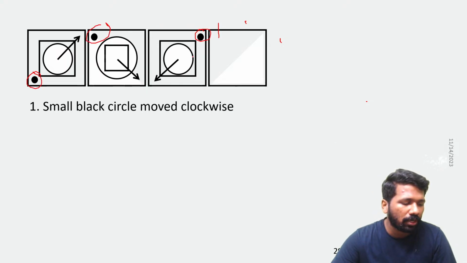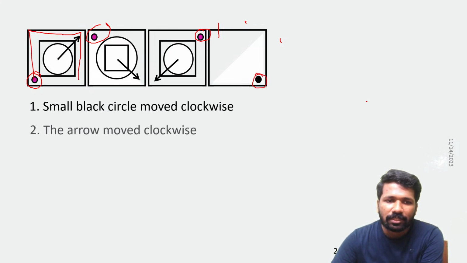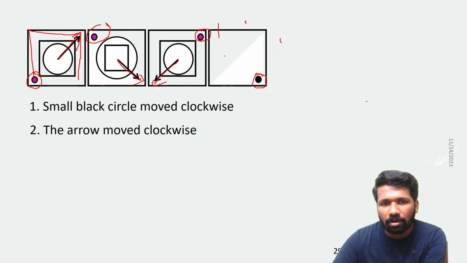That is from corners, adjacent corner it is moving that way. That means the missing figure should be like this. Clear, right? Then the arrow, that also is a clockwise rotation from here to here. That is corners itself, corners of the square. Then here, so the next corner is clearly this.